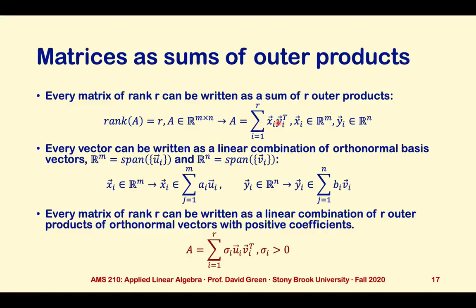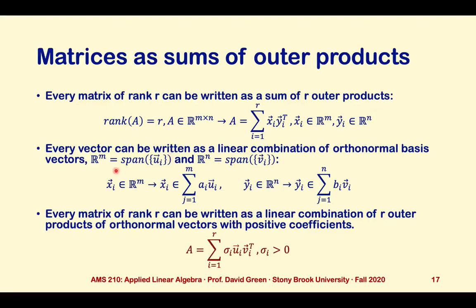Now, we also know that any m-dimensional vector can be written as a linear combination of a basis for Rm. And y, of course, can be written as a linear combination of elements of a basis for Rn. We can also always choose such a basis. We can choose a basis for Rm and a basis for Rn that are orthonormal.